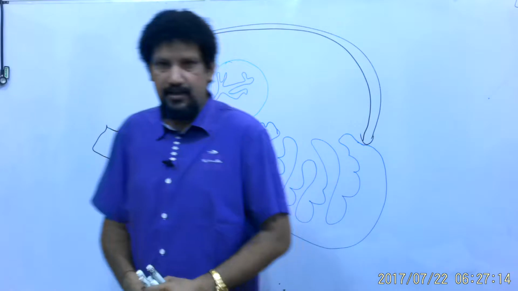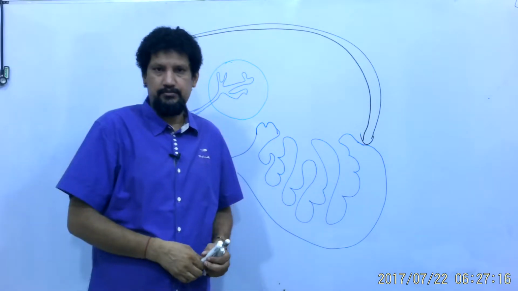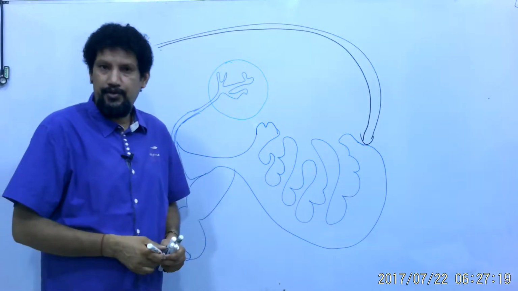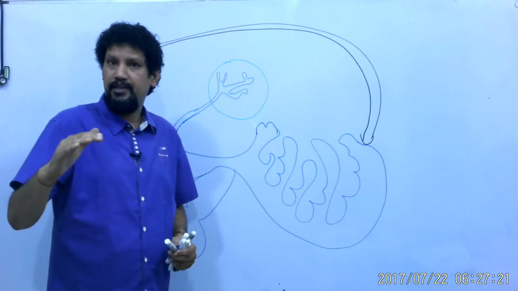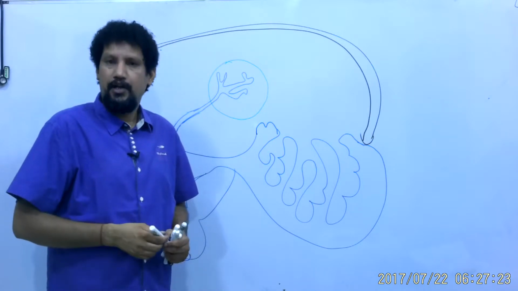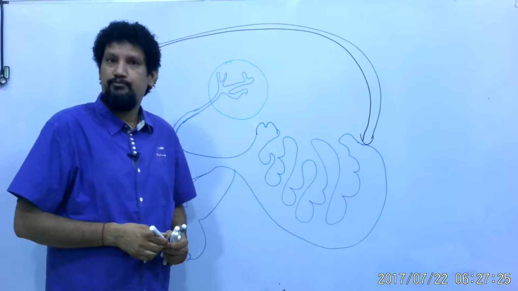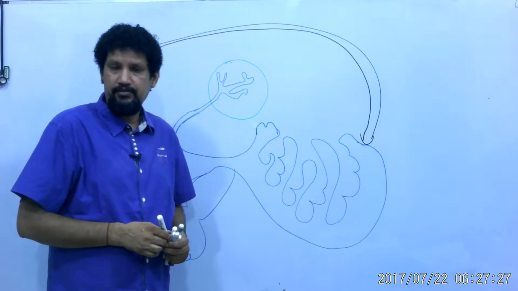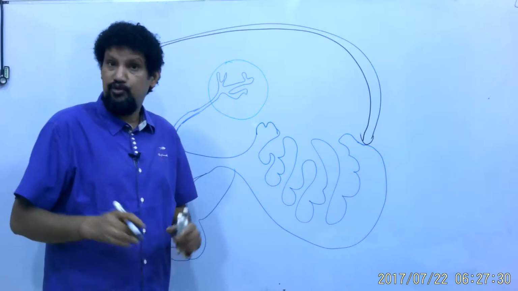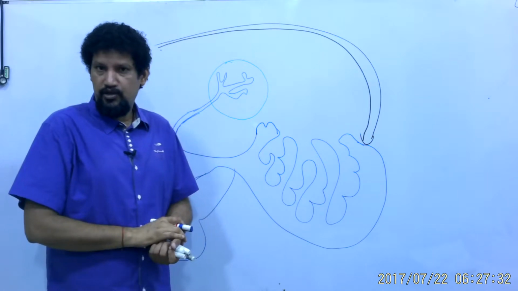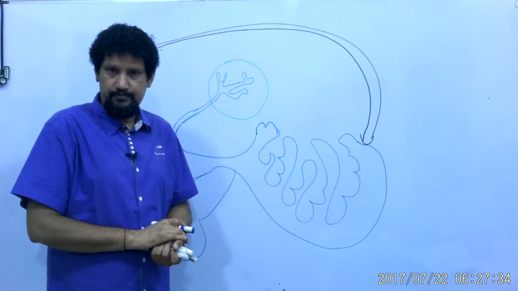Don't get this nerve confused with the caroticotympanic nerves. The superior and the inferior caroticotympanic nerves are postganglionic sympathetic nerves which are innervating the mucosa, vasomotor for the mucosa.